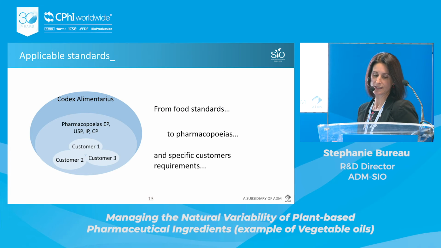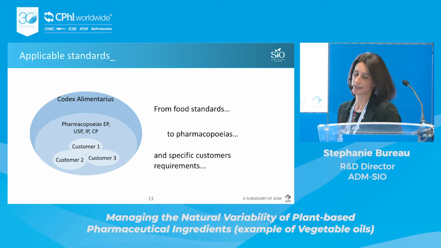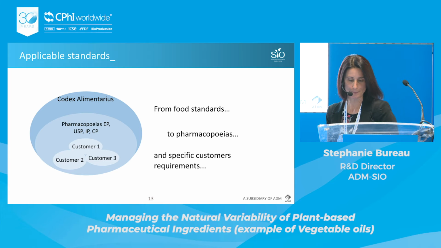So now let's have a look at the different existing standards we deal with. On one hand, we have the entire and wide range of what nature can provide. These available food-grade products are supported by the Codex Alimentarius guidelines.